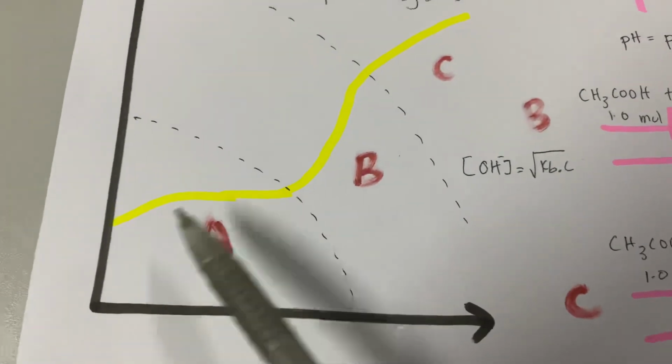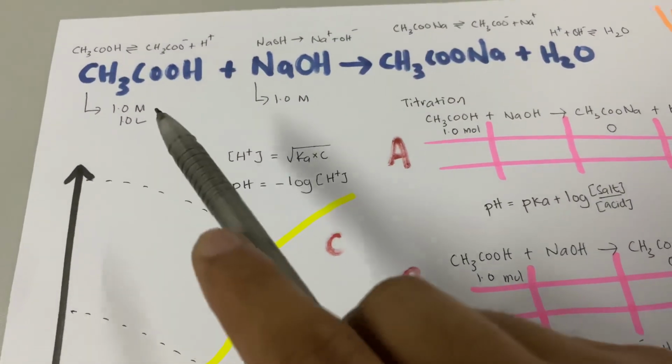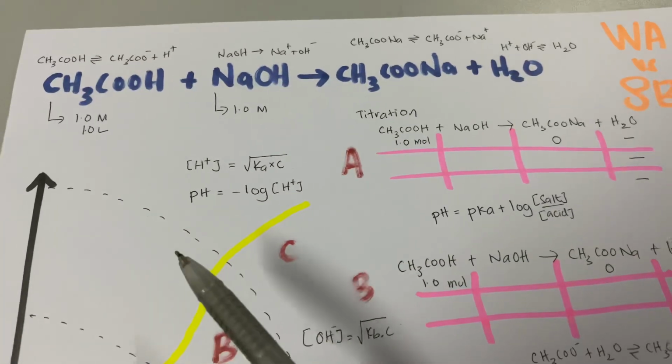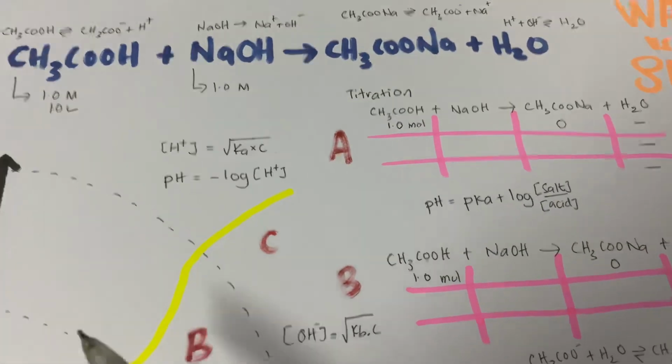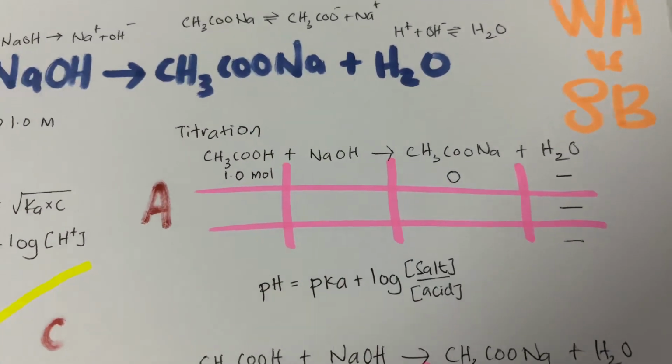But before that, at region A, the amount of acid is still a lot. Sodium hydroxide being added is still little. So we will use this ICE table to show you what really happened.